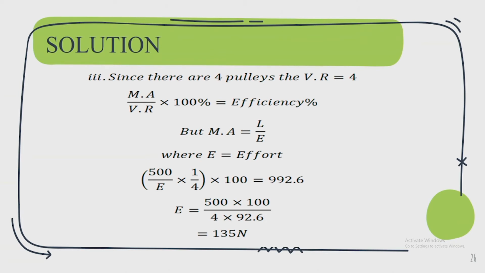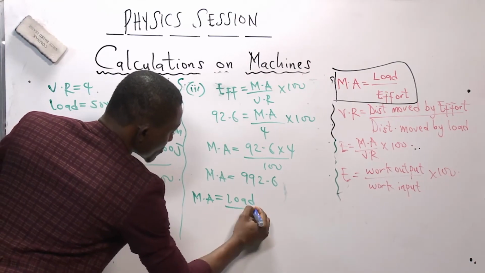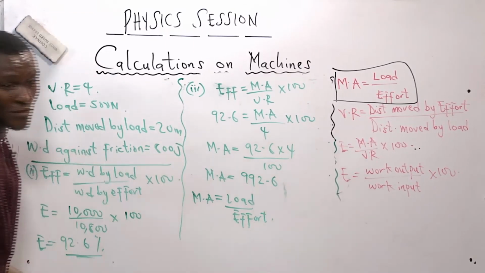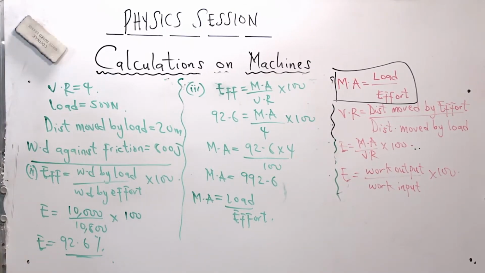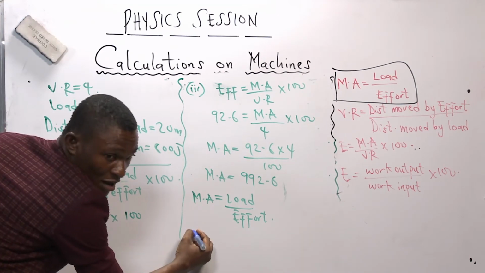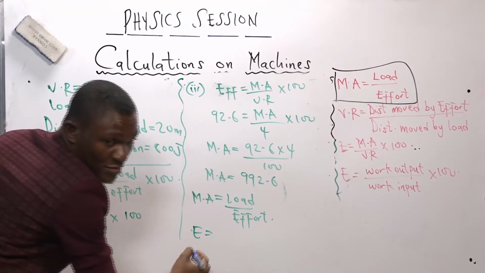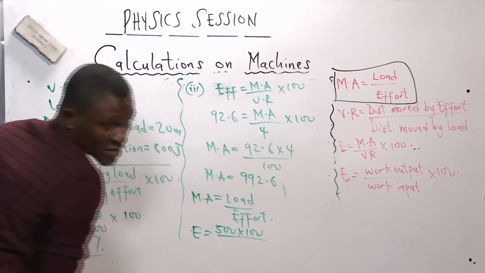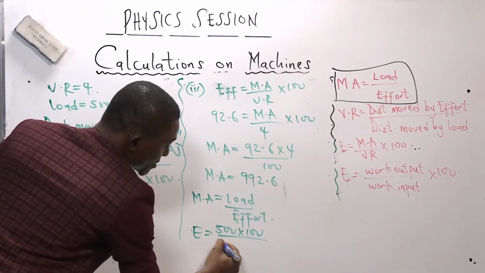Don't forget that MA is equal to load over effort. So if we apply this, we were told that the load is 500 Newton. So our effort is going to be 500 times 100 divided by 4 times 92.6.